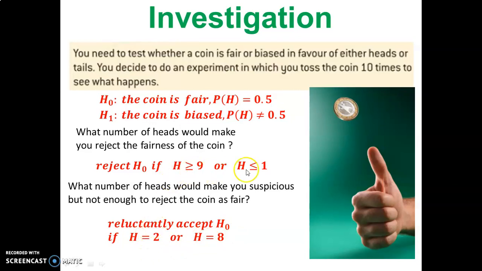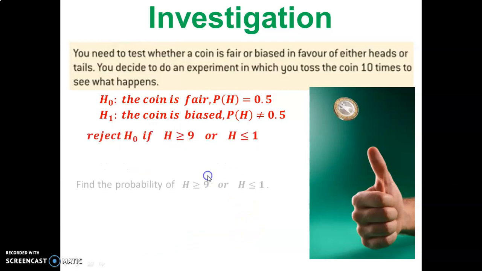So 1 or 9, those were a limit, but 2 is okay. Maybe it's possible you get only 2 heads in 10 tosses, or maybe it's possible you get 8 heads in 10 tosses, but 9 or 10, too much, or 1 or 0, too little. So this could be like our borderline values.